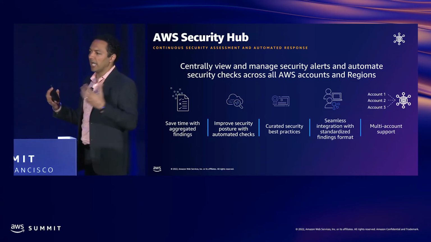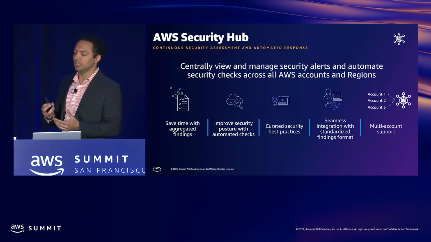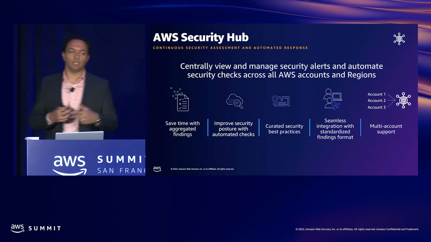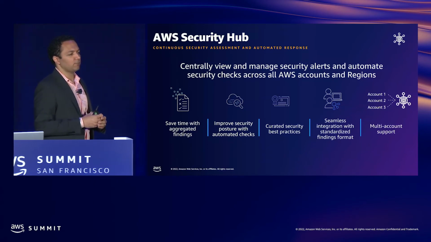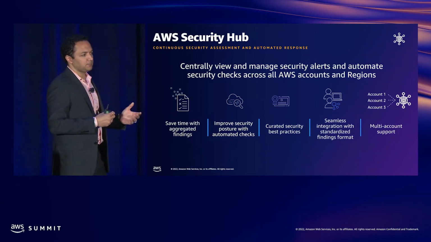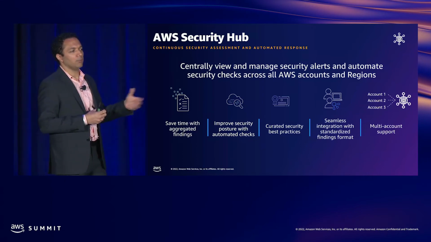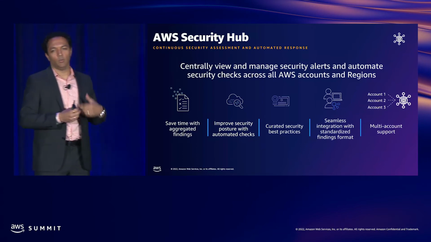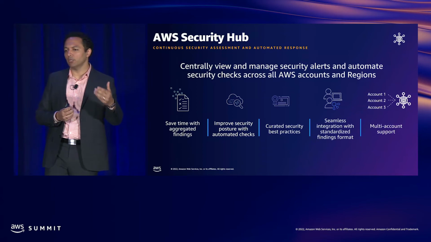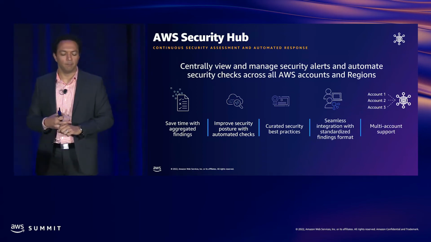We've aggregated these controls and created what are called best practice standards in Security Hub. There are two internal standards, AWS Foundational Security Best Practices as well as CIS benchmarks, and there are a combination of 100+ controls that are automatically being evaluated. We also continue to enhance and add more controls to these standards based on new workloads that are coming up.